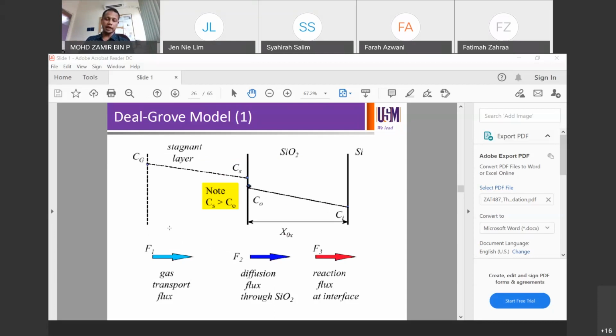The first one is the gas transport flux. Second one is the diffusion of the reactant or the oxygen atoms through SiO2 that's existing on the silicon surface. And finally, F3 is the reaction flux at the interface of the silicon the moment oxidants reach the silicon surface to continue the reaction.